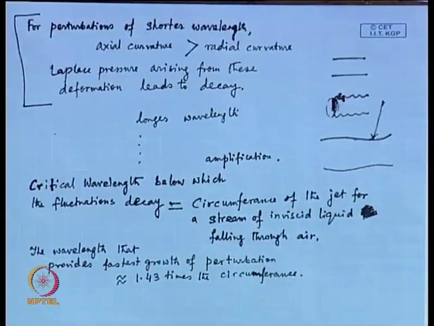The wavelength that provides fastest growth of perturbation is close to 1.43 times the circumference of that cylinder.